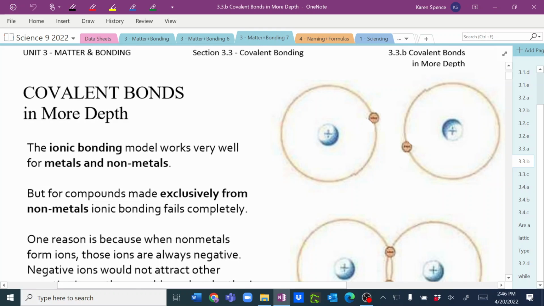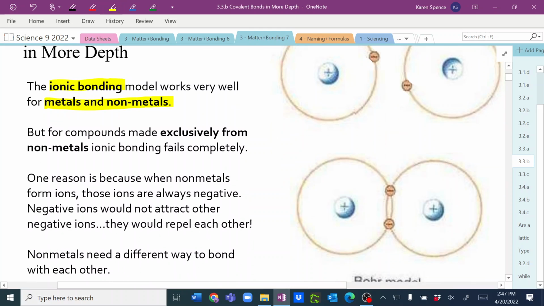Covalent bonding in more depth. Ionic bonding is very well and good as long as we are dealing with metals and nonmetals. However, does it work when we've got nonmetals and nonmetals? Ionic bonding fails completely. For one reason, nonmetals, when they form ions, they are always negative.